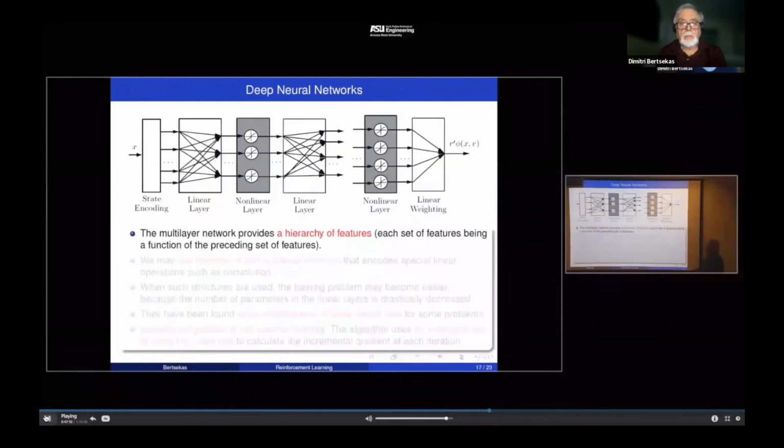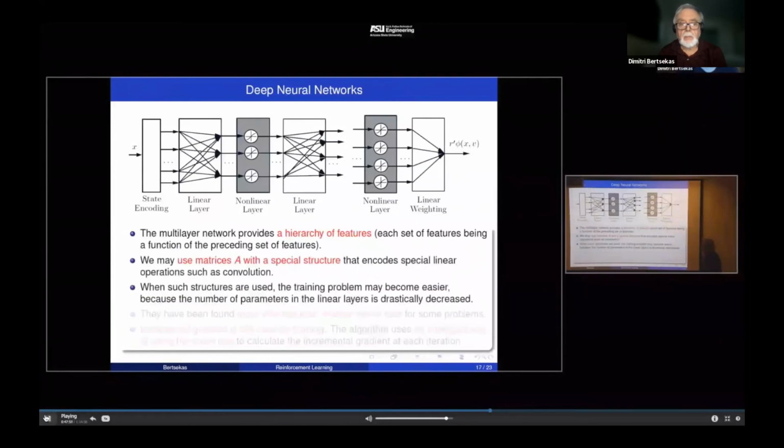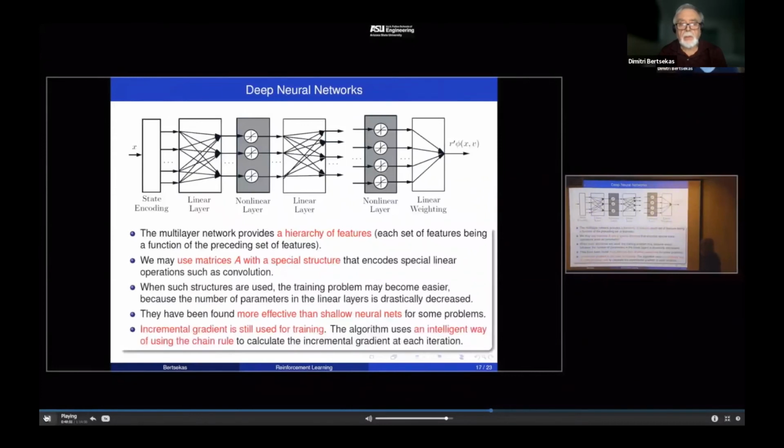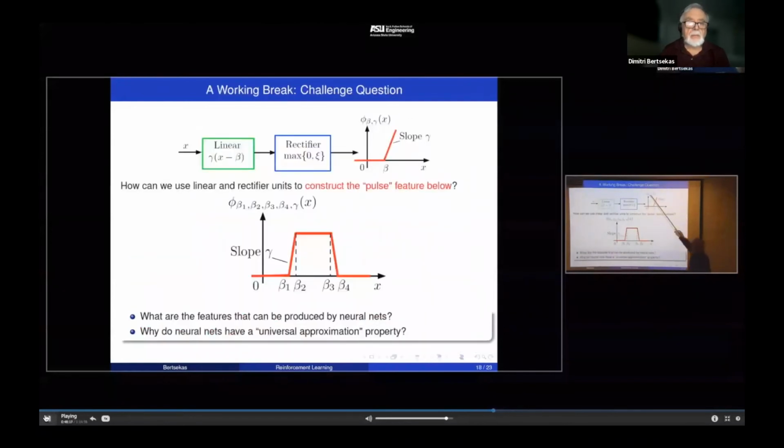And there are deep versions for which also the universal approximation property holds. But why is it that indeed neural networks have this capability? Why is it that by stacking up a lot of parameters, you can approximate any function that you might be interested in? So my challenge question to you is this, okay?